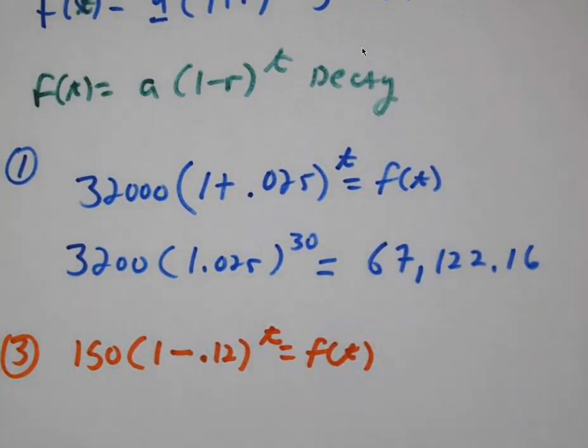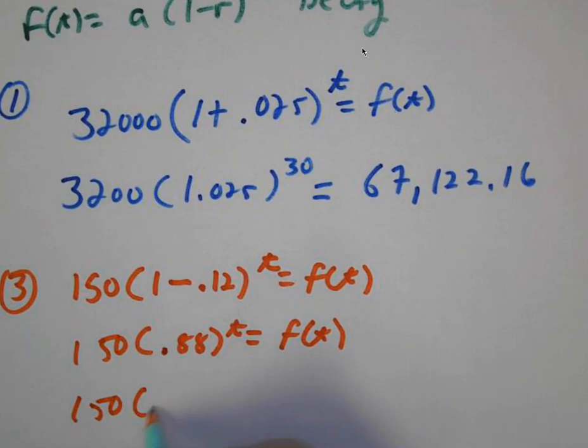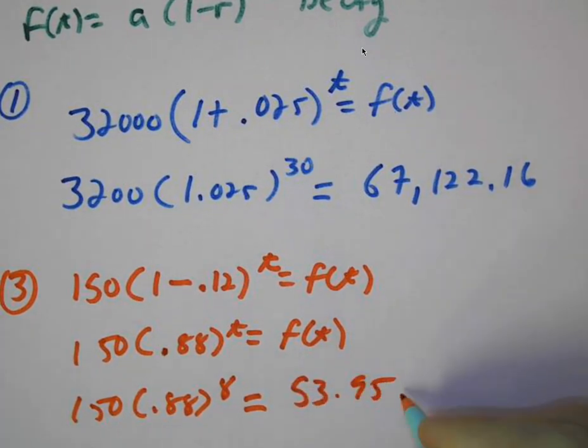When you take 100% minus 12%, it leaves you 88%, so you get 150 times 0.88 to the t. And they want to find out how much after, was it 8 hours? So you're going to do 150 times 0.88 to the 8. When you punch that into your calculator, I think you get 53.95, so 53.95 milligrams of coffee.